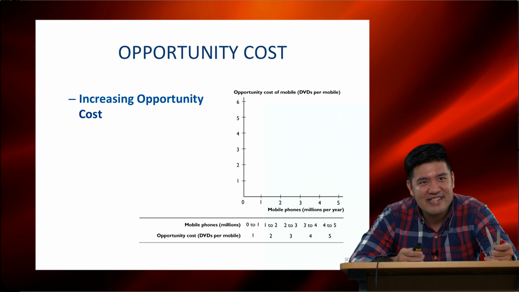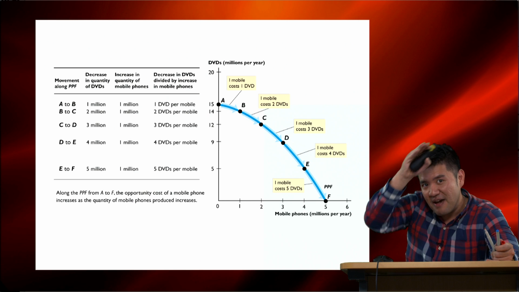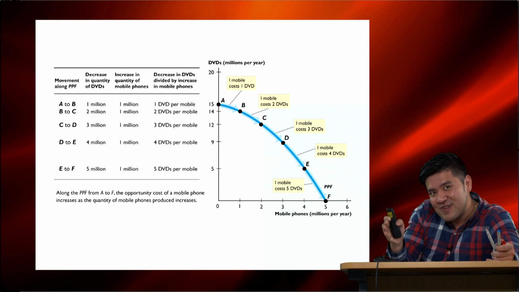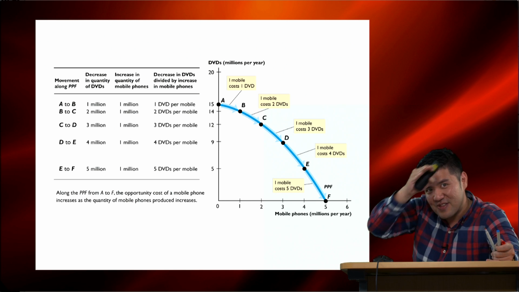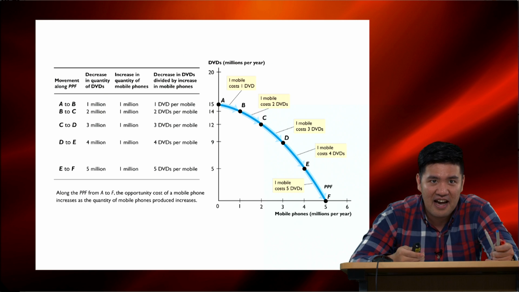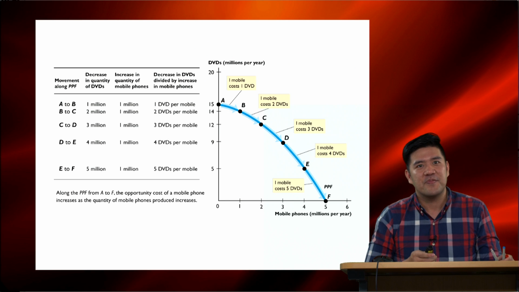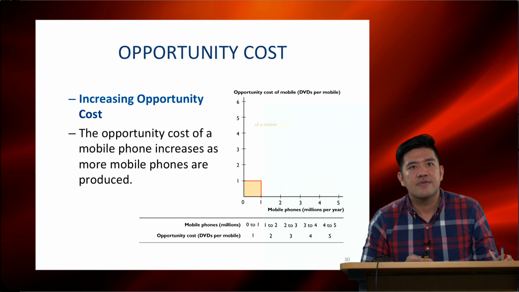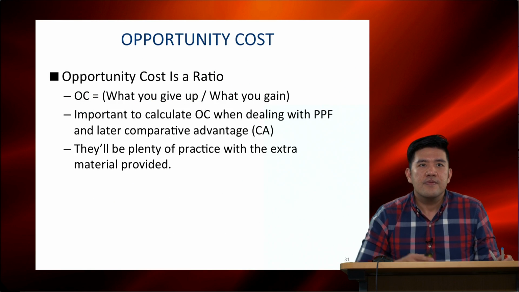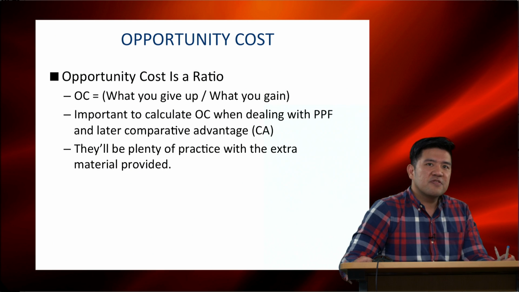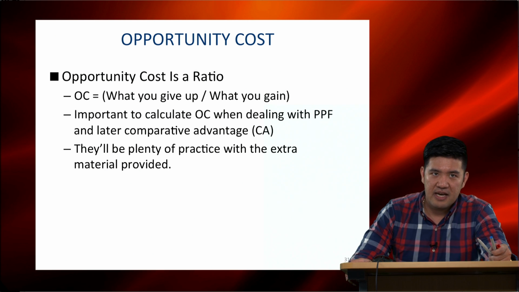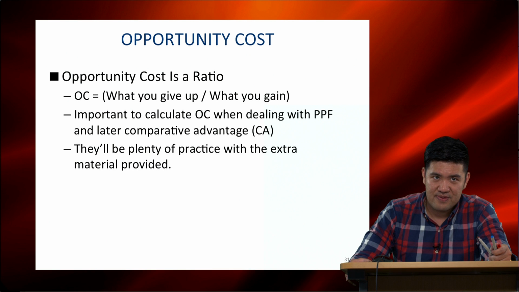That is why, guys, when we draw the PPF, it's like a curve. It's not a straight line going down. That illustrates the idea of increasing opportunity cost. Opportunity cost is what you give up divided by what you gain.